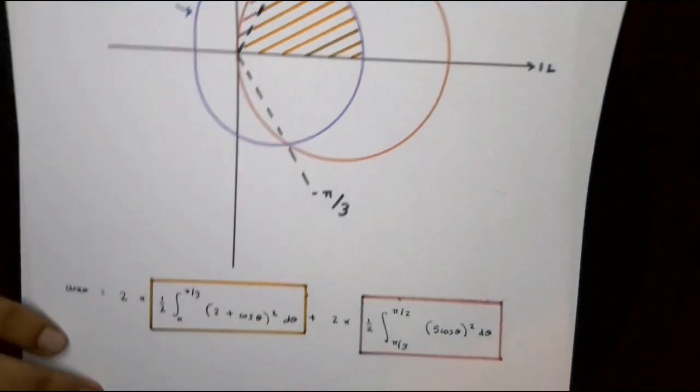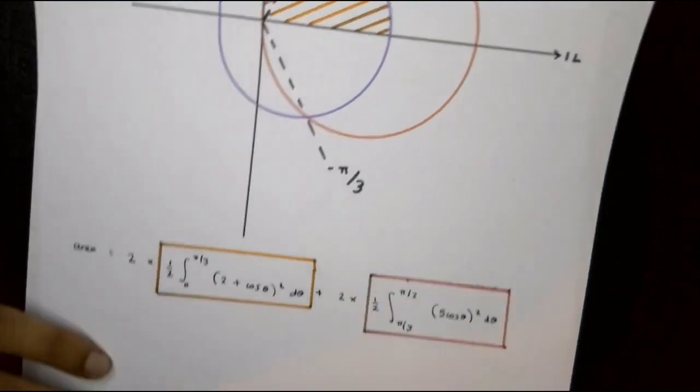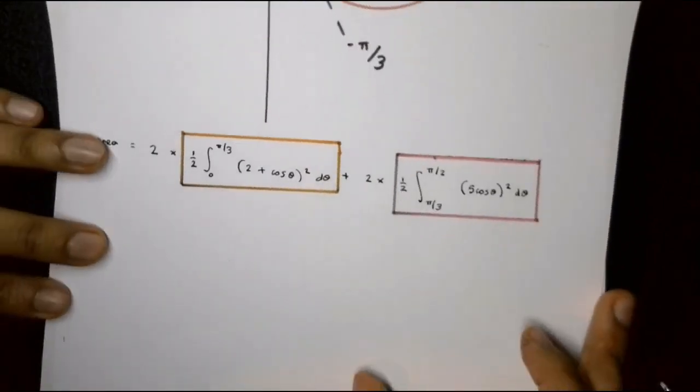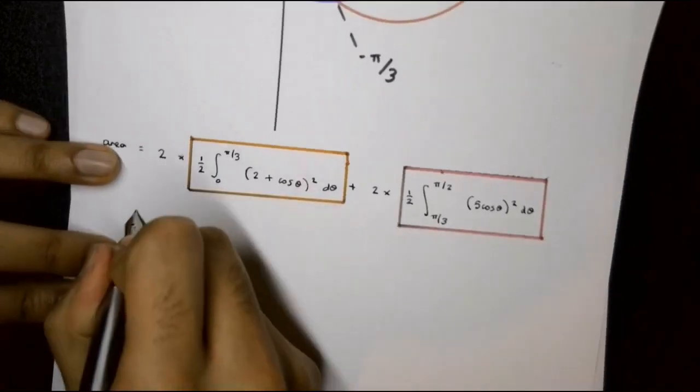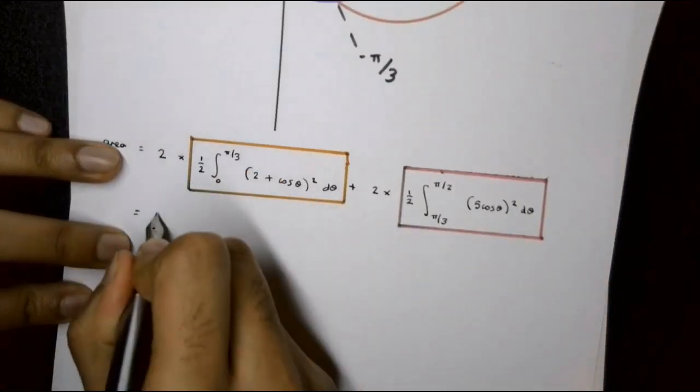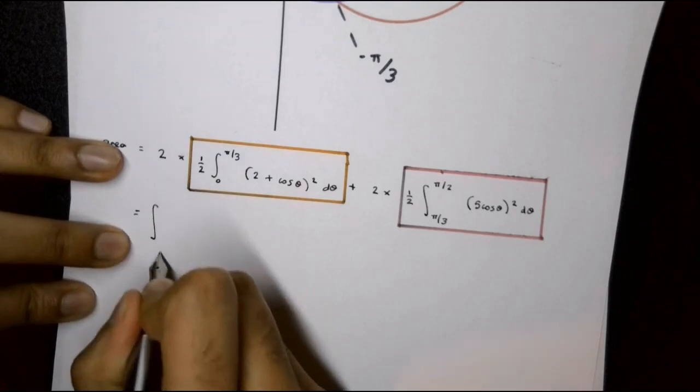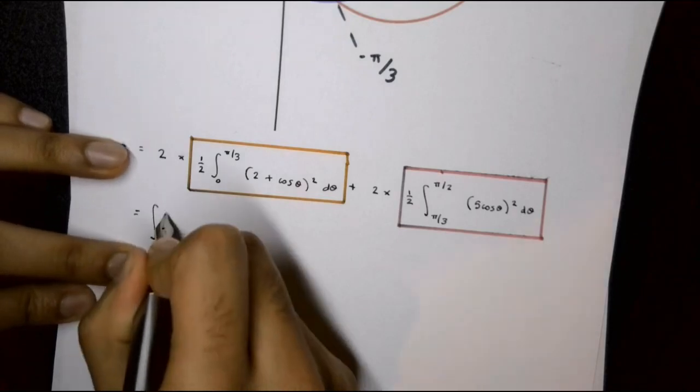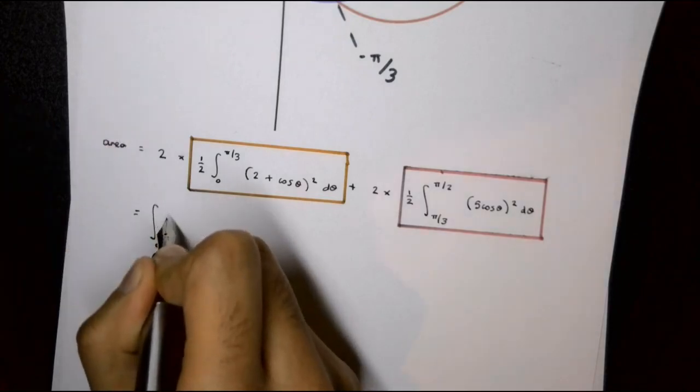So having done all the complicated work, the rest is just simple integration. So 2 times by 1/2, that's just 1. So here we've got the integral from 0 to pi over 3.